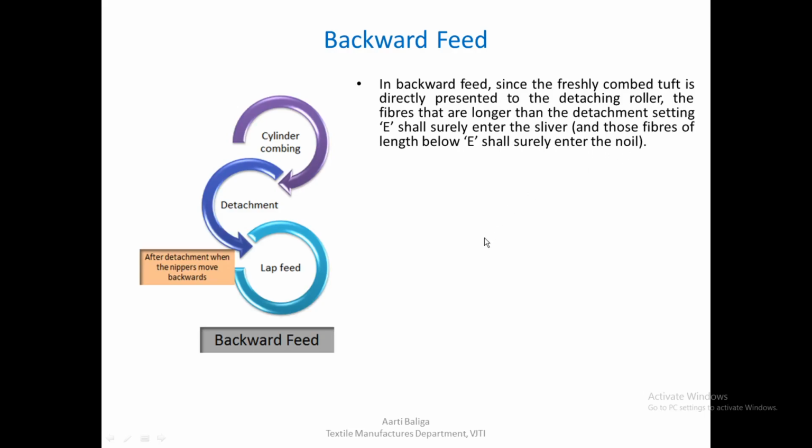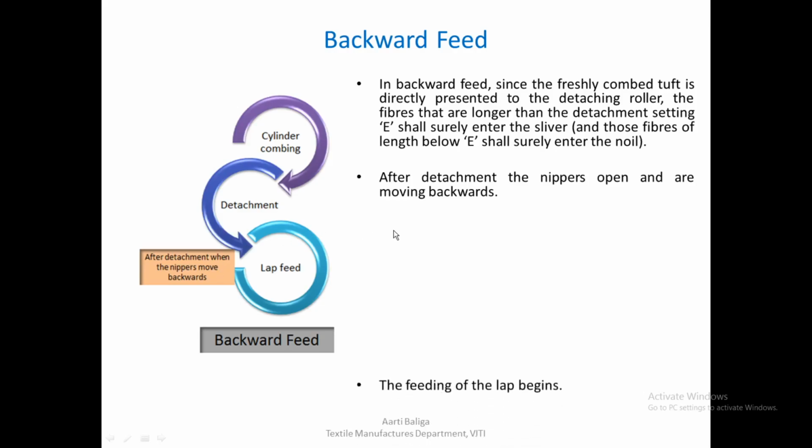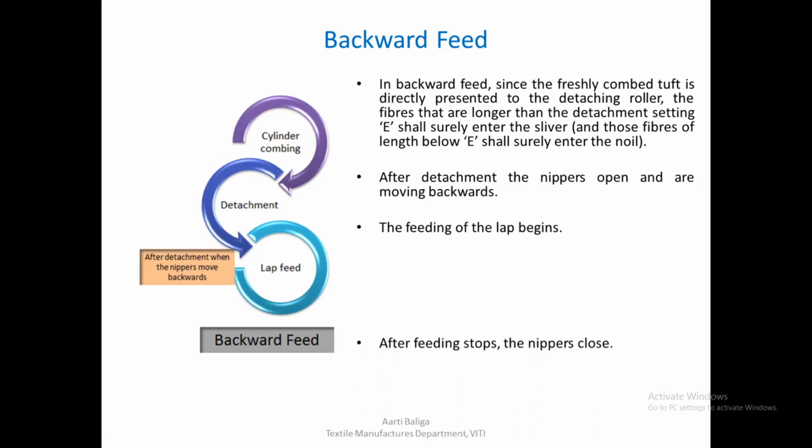So this is the analysis if we see the sequence of events, and E is the detachment setting that we have assumed. After detachment, the nippers will open and they will be moving backwards. The feeding of the lap begins at this point of time when the nippers are moving backward.